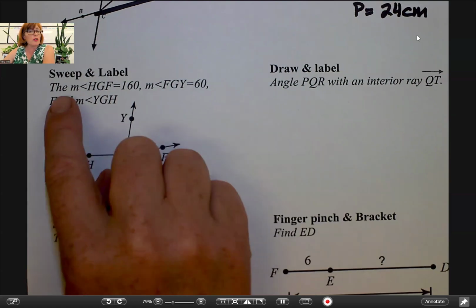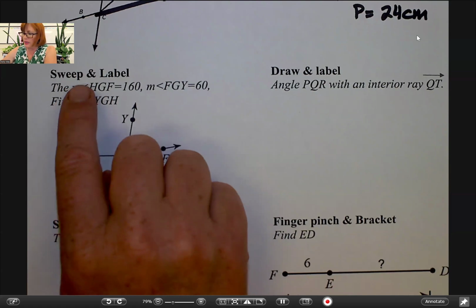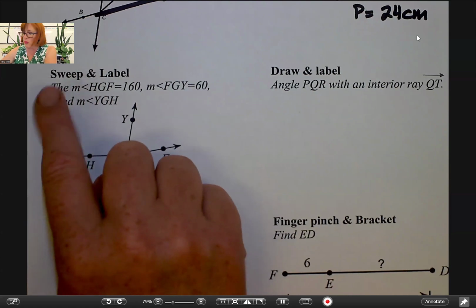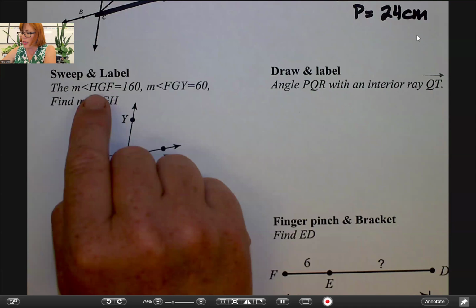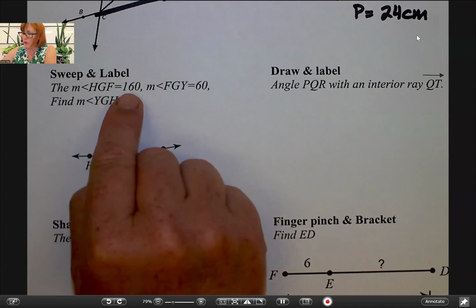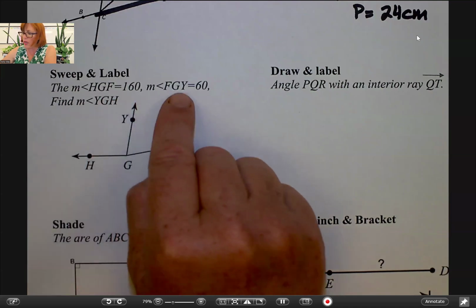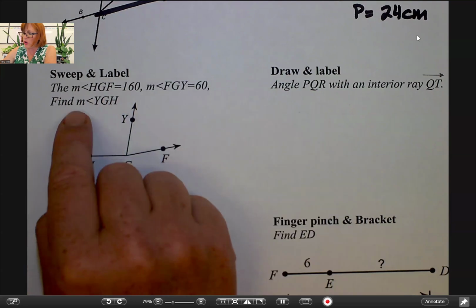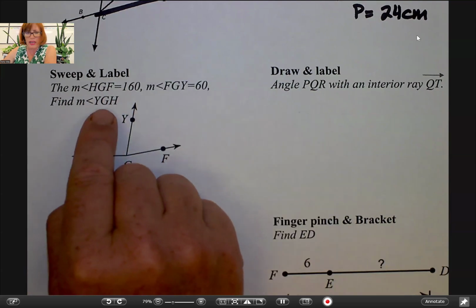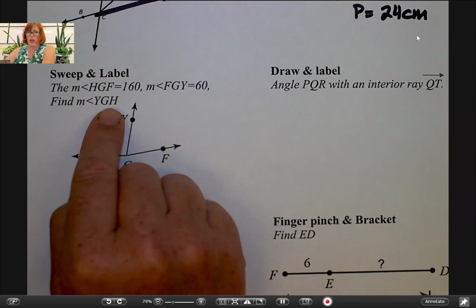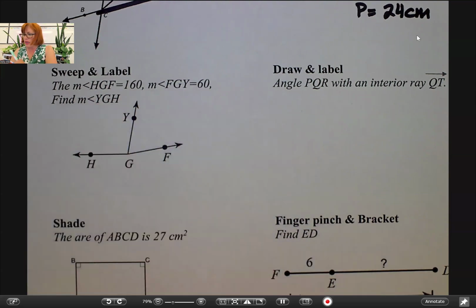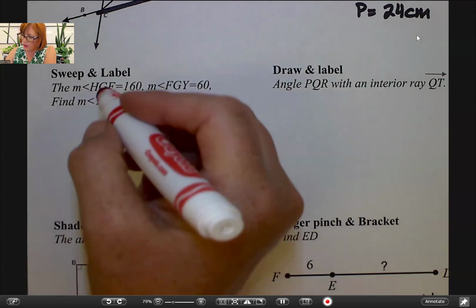So right here is an example of sweep and label. It says, notice I'm reading first, the measure of angle HGF is 160. The measure of angle FGY is 60. Find the measure of angle YGH. Here's how you would trace and label. I'm going to use colors.